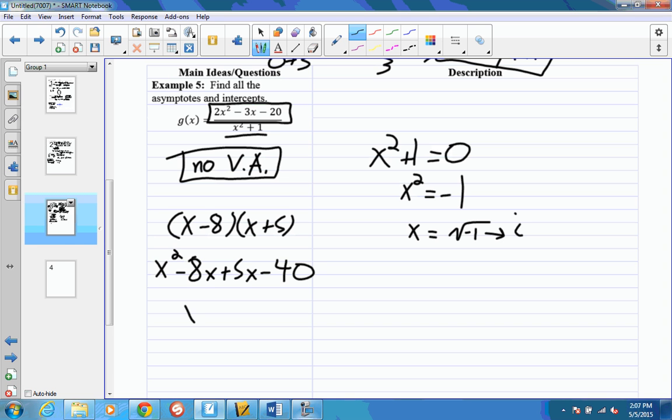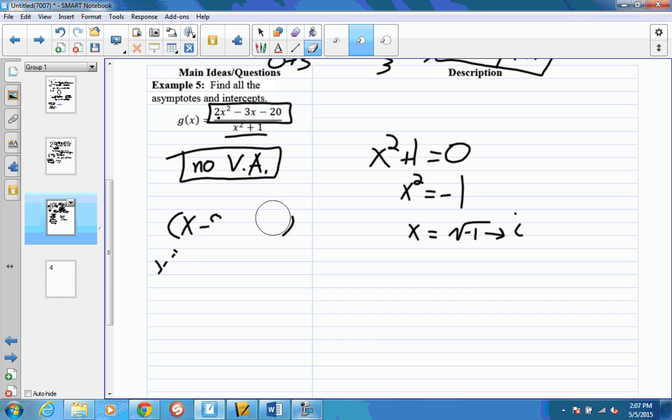Wait, no, wouldn't it still be -20? No, it'd be x squared minus 3x minus 40. Guys, is x squared minus 3x minus 40 the same as that? No. That's wrong.